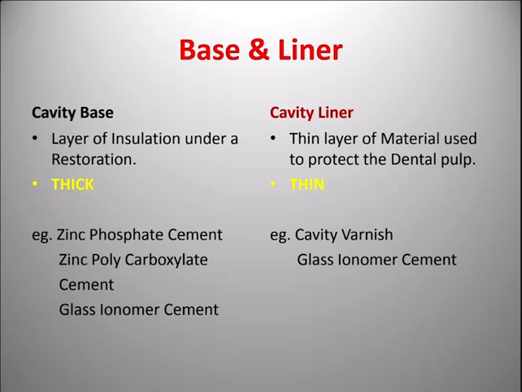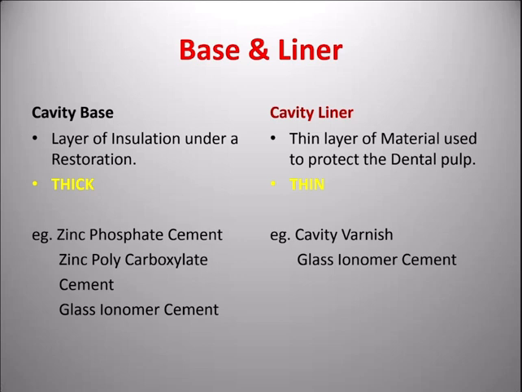It is a thinner material, as you can see highlighted in yellow, and it doesn't have much strength. One classic example of a liner would be calcium hydroxide cement, or a cavity varnish, which is usually applied before placing an amalgam restoration to prevent marginal leakage.